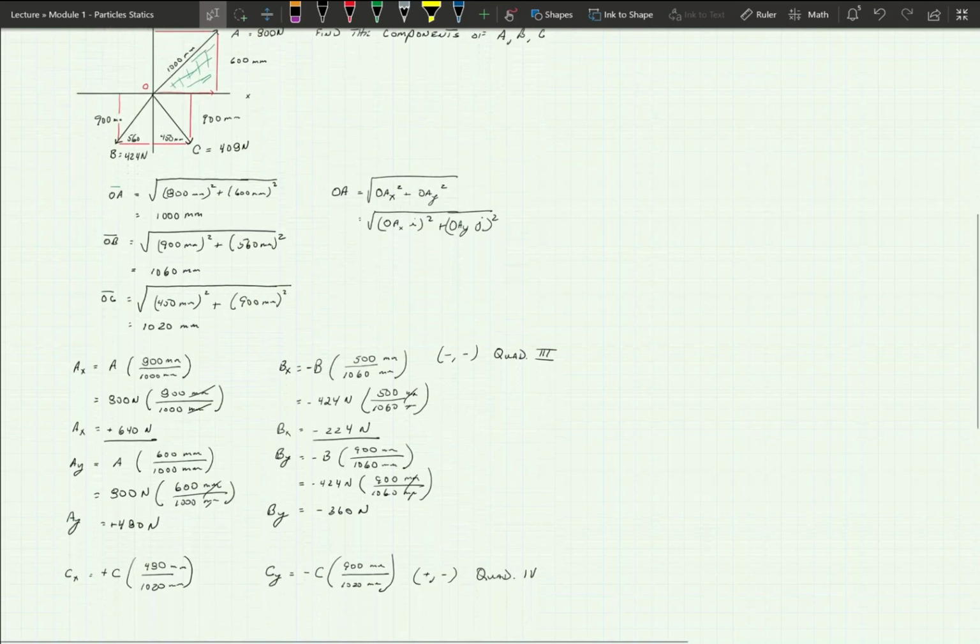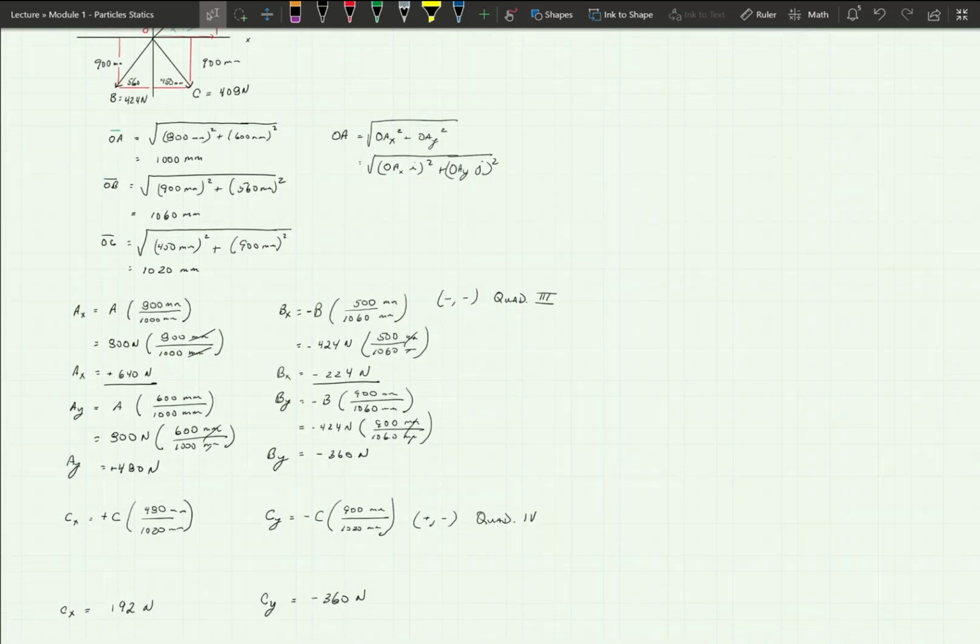If we take the 640 newtons of A of x plus the negative 224 newtons of B of x, and then the 192 of C of x, we're going to get a resultant R of x. So just like we did the original problem here.